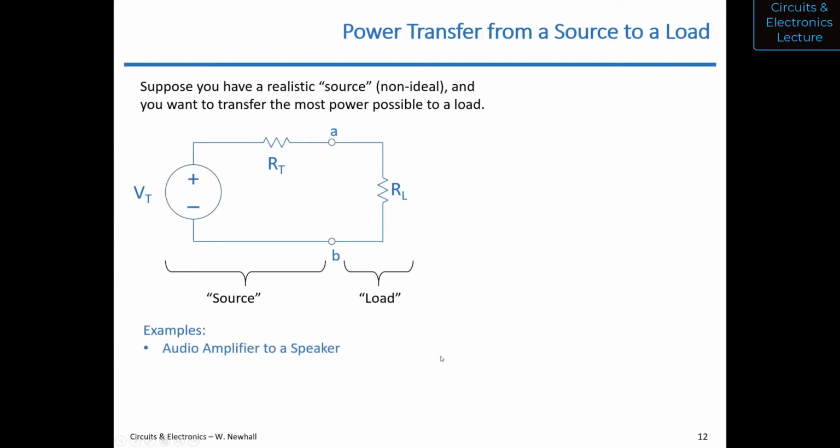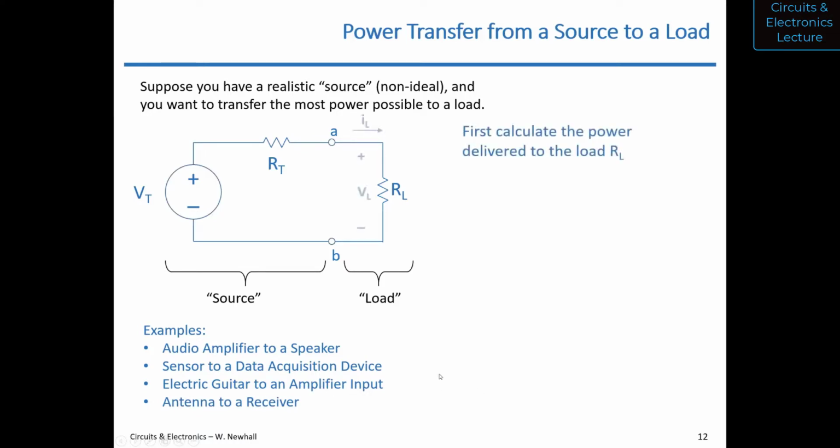So again, audio amplifier to a speaker, a sensor to a data acquisition device. The sensor would be the source, the data acquisition device would be a load. An electric guitar output would be a source, and the amplifier input would be a load, and at radio frequencies, an antenna to a receiver.